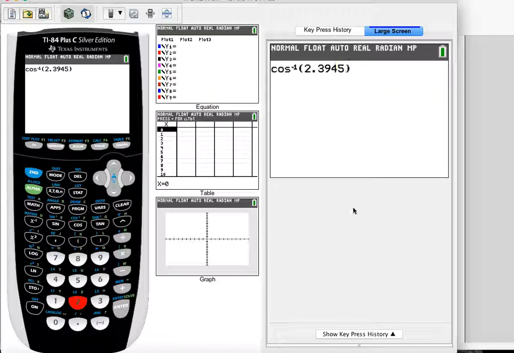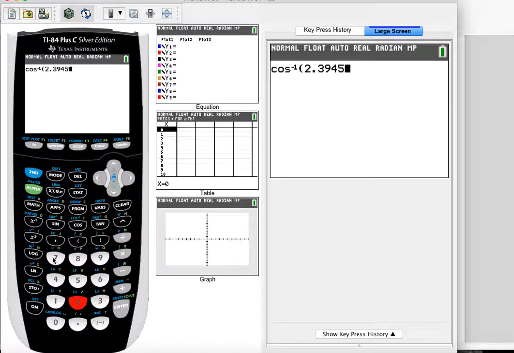So there's no way that x over r, or adjacent over hypotenuse, would ever be bigger than 1, because x would have to be a bigger number than r, which it can never be. So that's why your calculator is saying error. I don't need the angle whose cosine is 2.3945. It doesn't exist anyways. I need the angle whose secant is that.